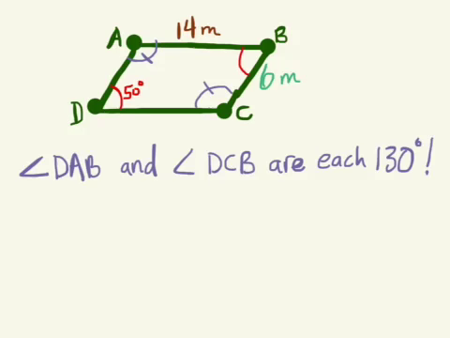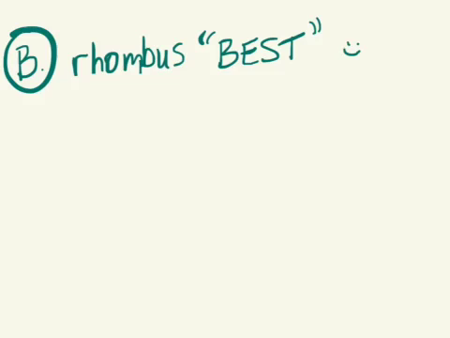Check it out. This will be example B. We're going to be working with a rhombus, and we're going to name it BEST, or best. Now we're going to have to use what we know about a rhombus, or rhombi, plural, to help figure out all of the things that we could find out about the lengths of the sides, which sides are parallel to each other, and even the angles.